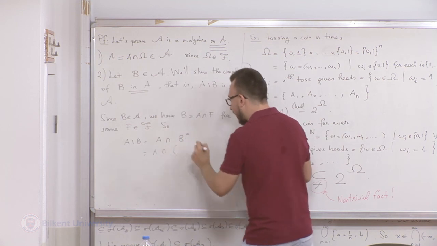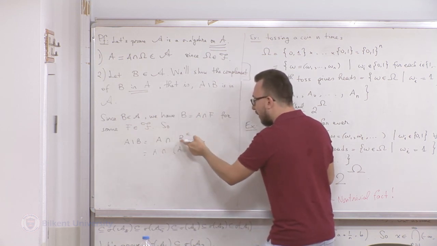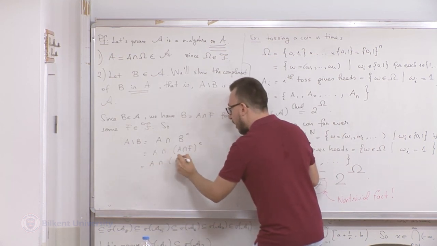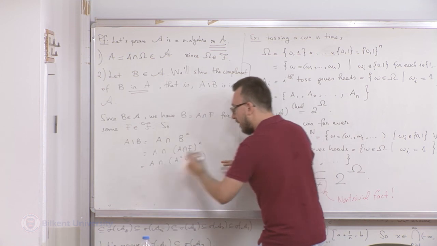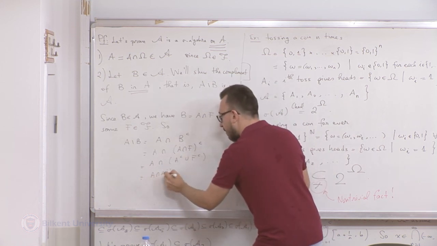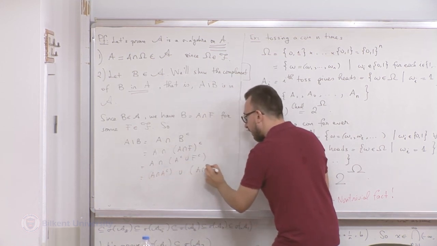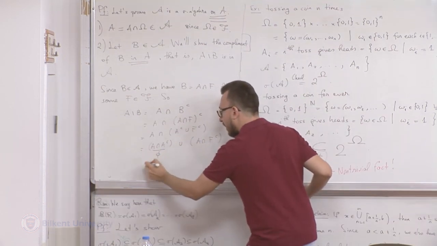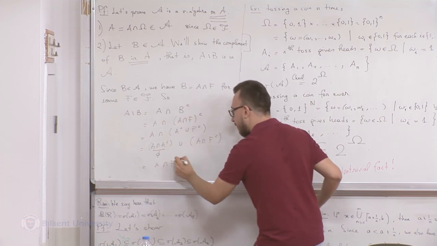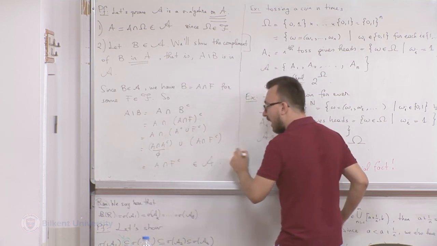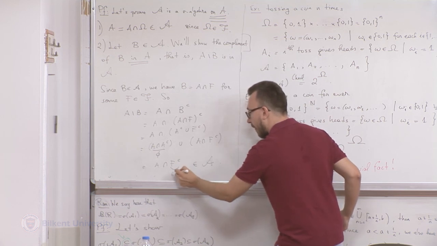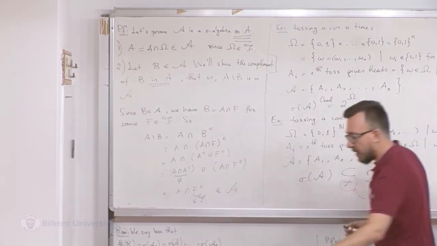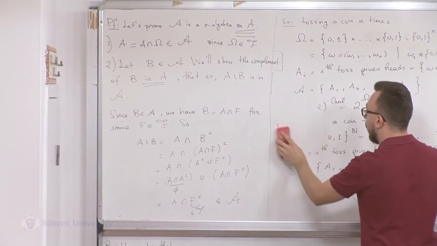Now it's all set algebra, right? Let's write down what B is. And now this is A complement union F complement. So this is A intersection A complement union A intersection F complement. And A intersection A complement is just the empty set. So this is A intersection F complement, which is in script A because F complement is in script F. Okay? Just definition checking. No new arguments.